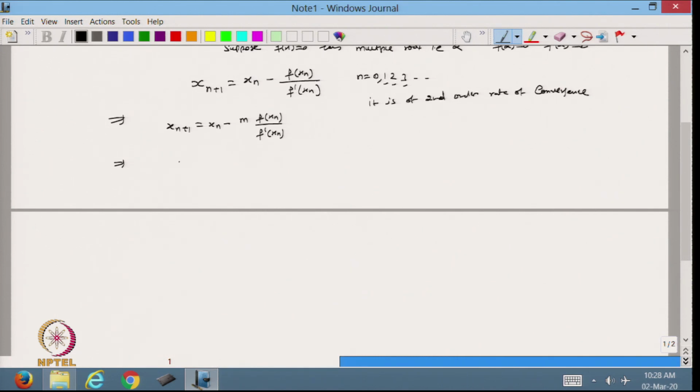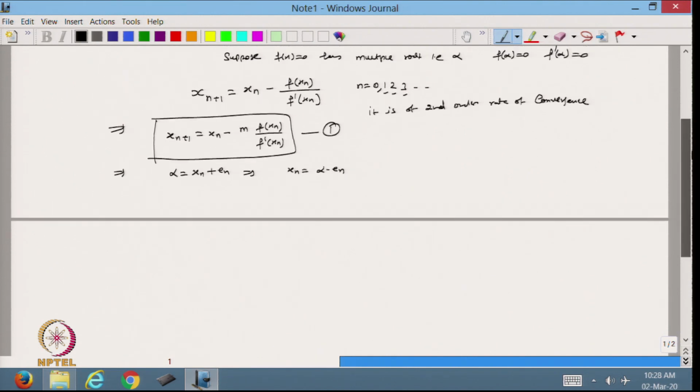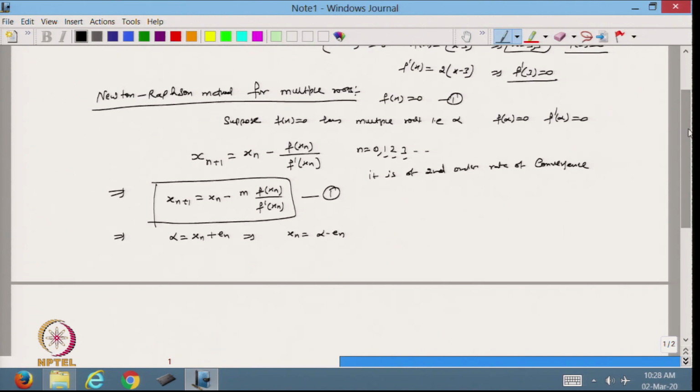I also know that my root alpha can be written as xn plus en, where en is the error at the nth step, so xn can be written as alpha minus en. Now I want to see what will be the rate of convergence.